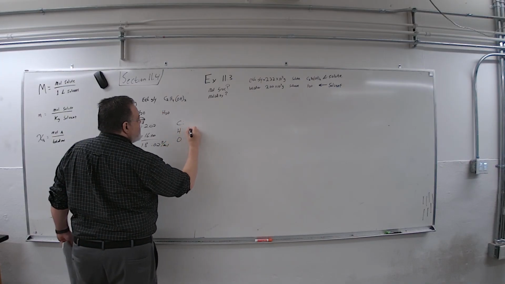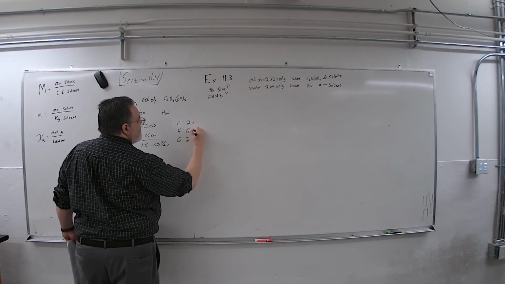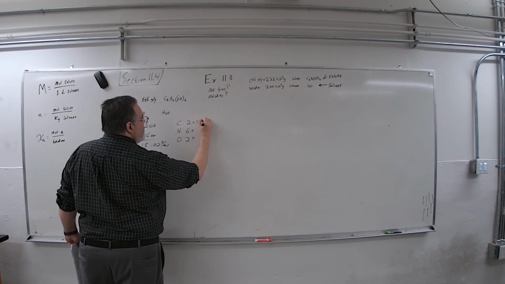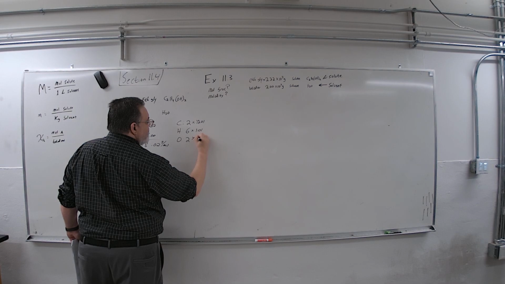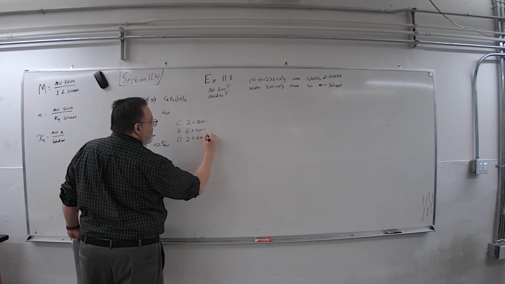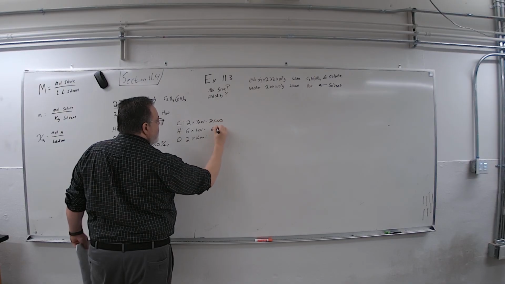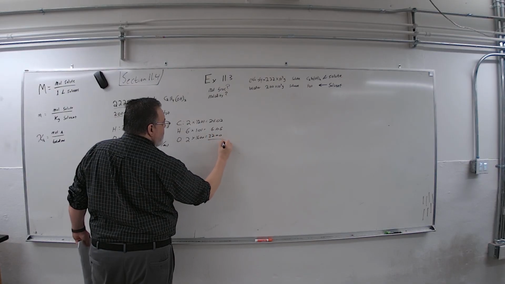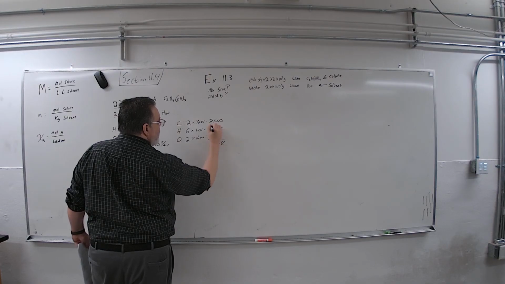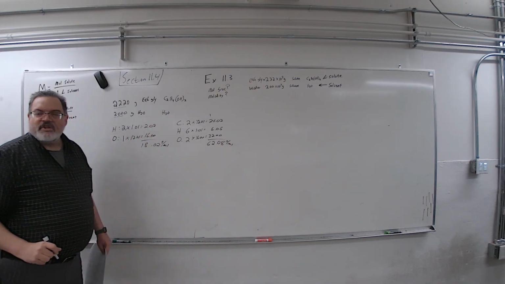We've got 6 hydrogens, 2 carbons, and 2 oxygens. 12.01, 1.01, 16.00. So you understand what I did there?